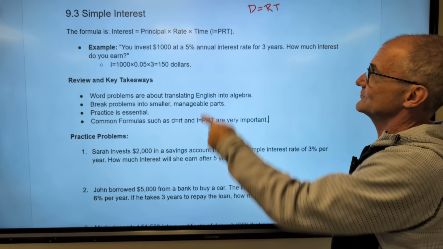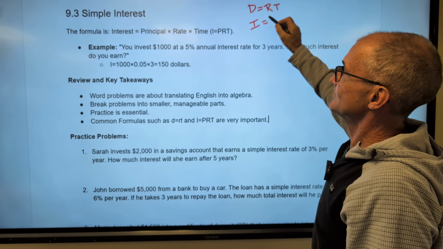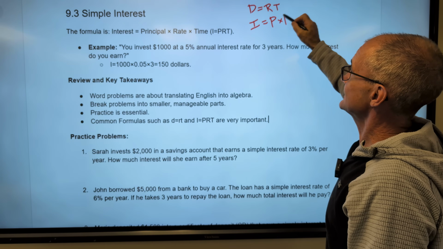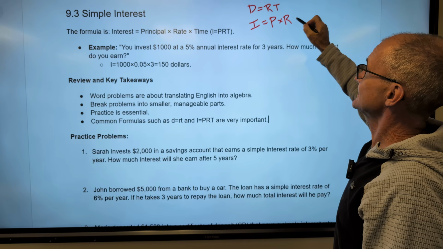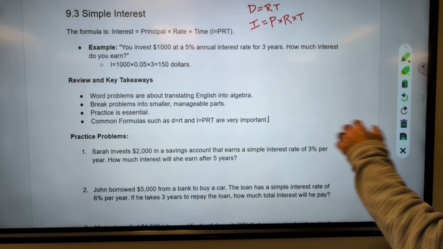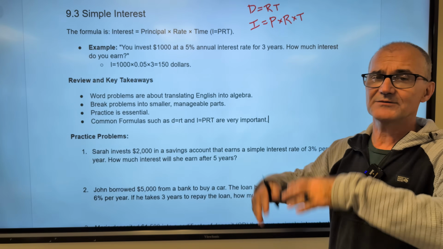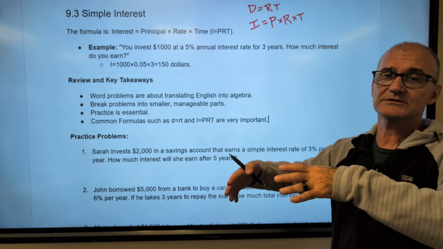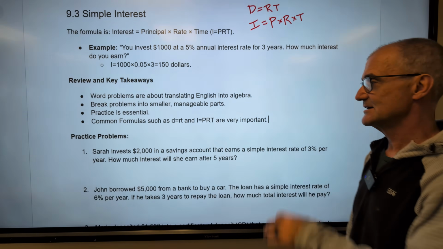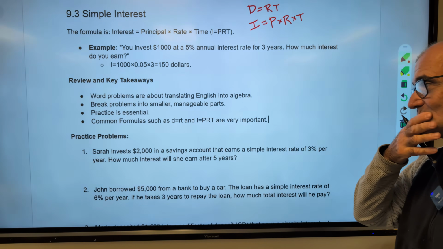The one for interest is equal to the principal, the amount in the bank, times the rate that you're receiving times the time. This is considered simple interest, meaning that I am not compounding it, earning interest on my interest. You can compound yearly, monthly, quarterly, hourly, continuously, but we're only looking at simple interest.